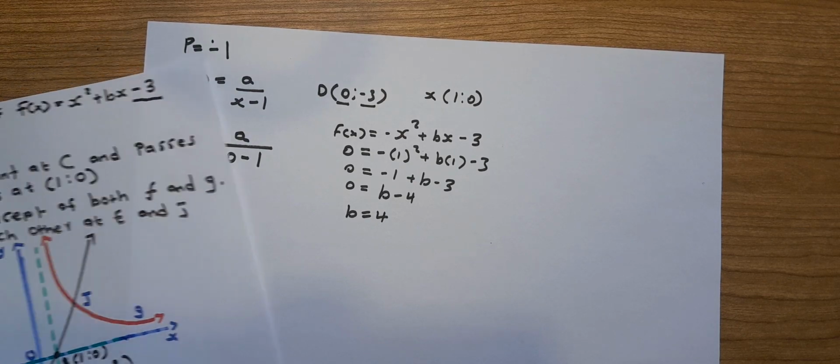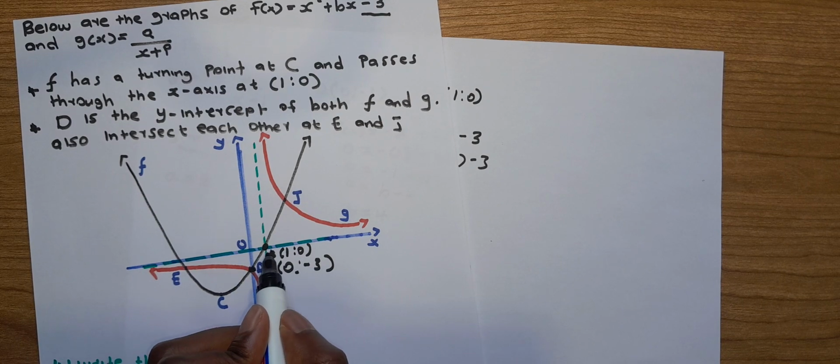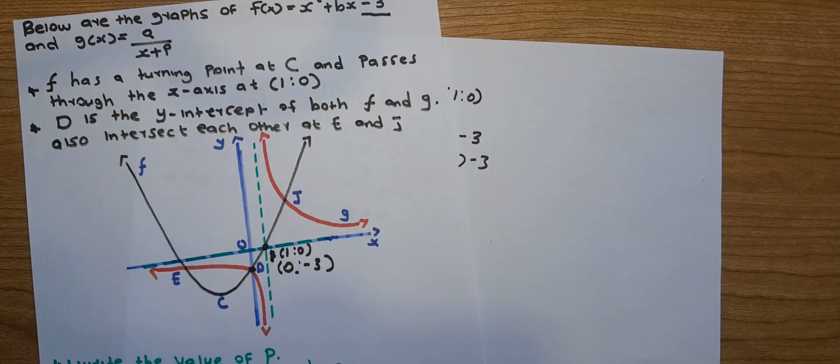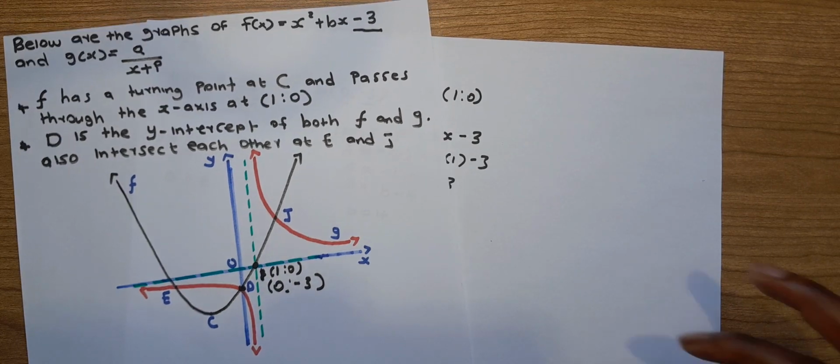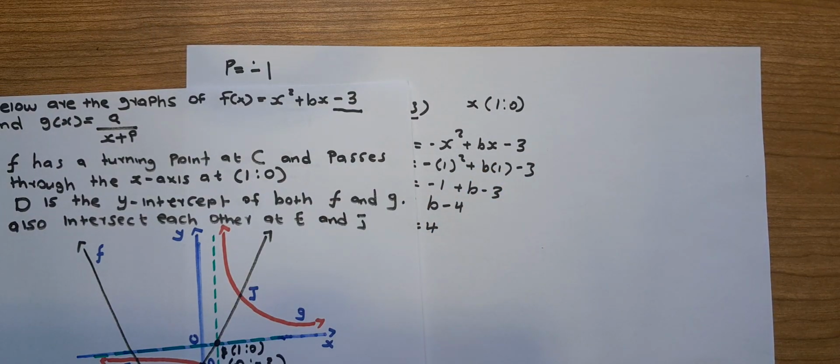Something funny is happening, because we know that the x-intercept is at 1 and 0, right? Let me check if I've copied the question correctly.